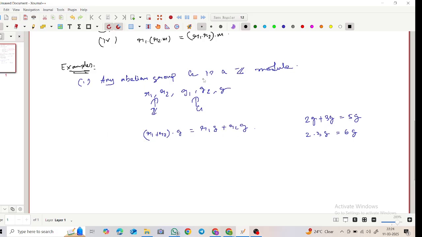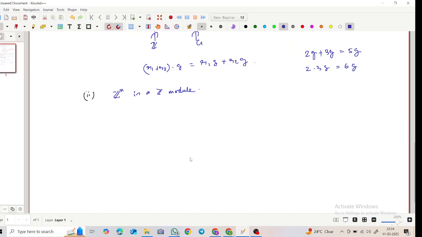So any abelian group G is a Z module. Also, Z to the power n is a Z module. But getting back to vector spaces, we all know the definition of a vector space, right?